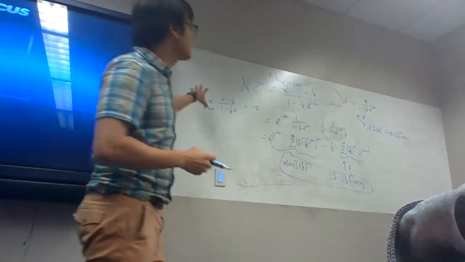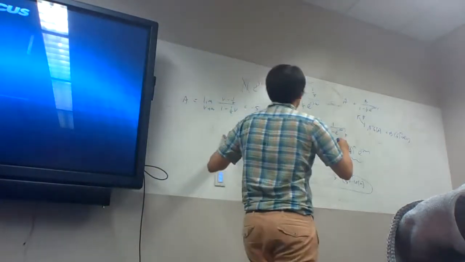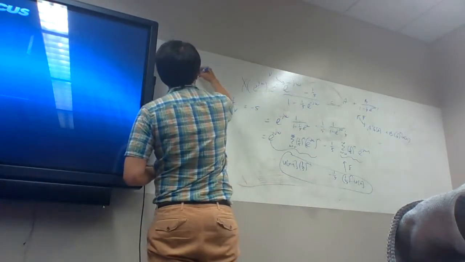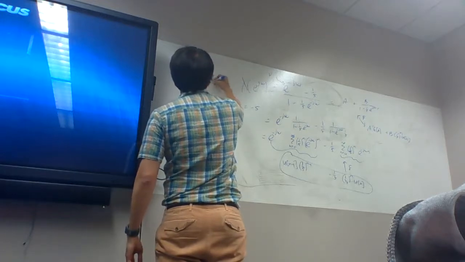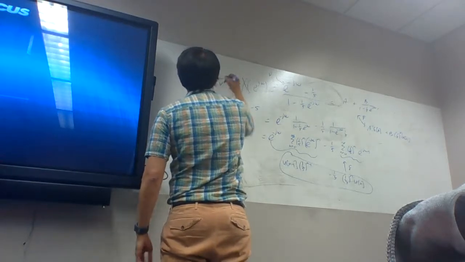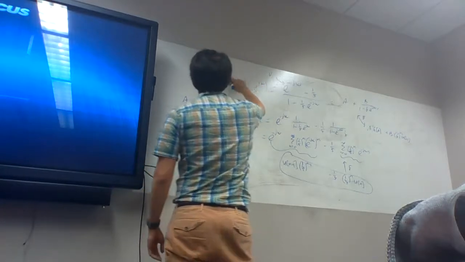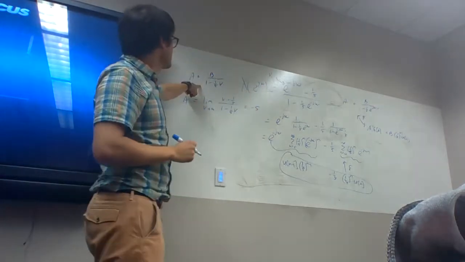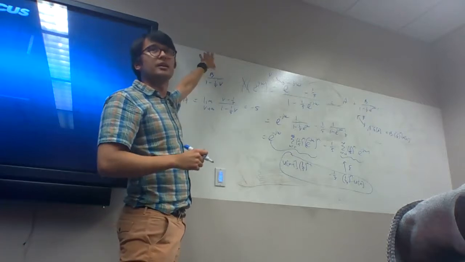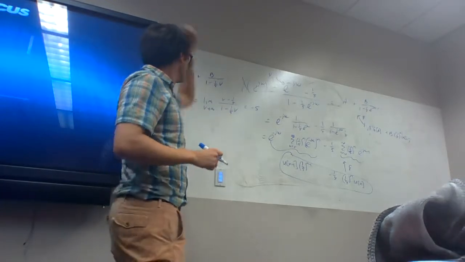Because what's going to happen if we just looked at this? If we did the expansion, a plus b over 1 minus 1/5 v, if we let this thing go to infinity, this term is going to go away, so we're going to get left with that.